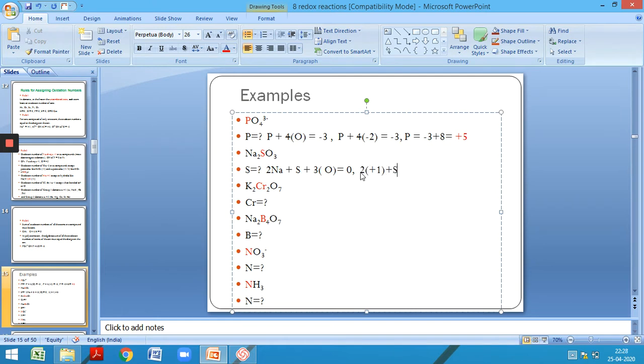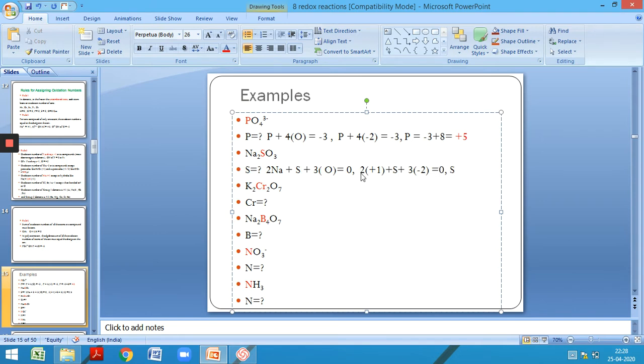Sulfur, we have to find, plus 3 times the oxidation number of oxygen, which is -2 except in peroxides and superoxides, and the whole thing is equal to 0.